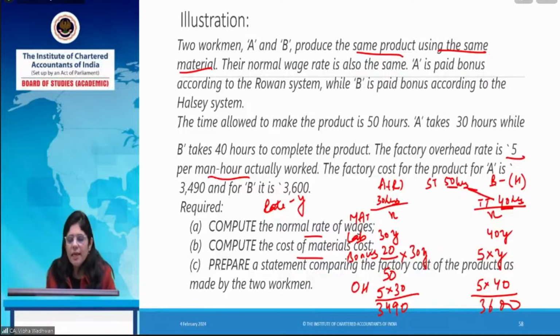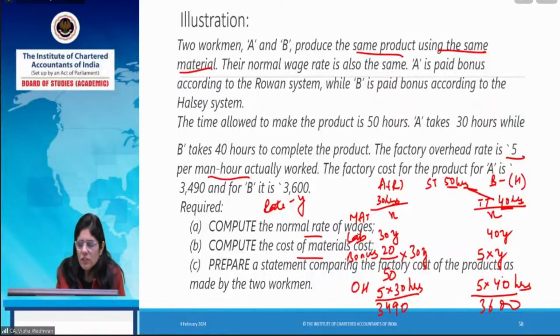Bonus: A is using the Rowan method, so time saved by time allowed, 20 by 50 into 30Y, the wages. And as for Halsey, it's 50% of time saved into rate per hour. Overheads: 5 into 30, where 5 is the rate per hour and 30 are the hours worked, and for B it's 40 hours.